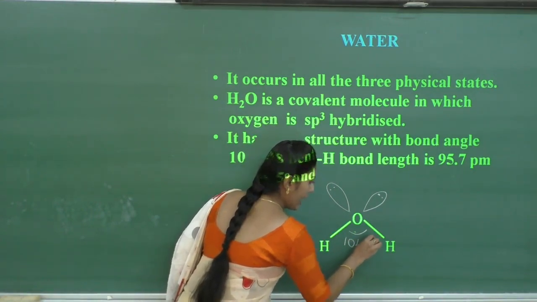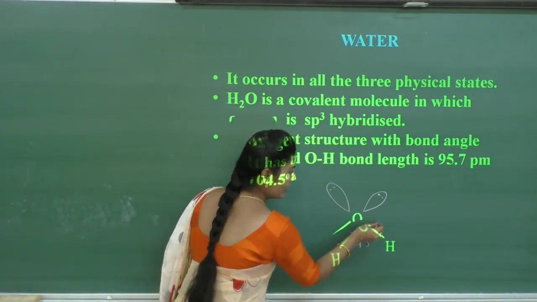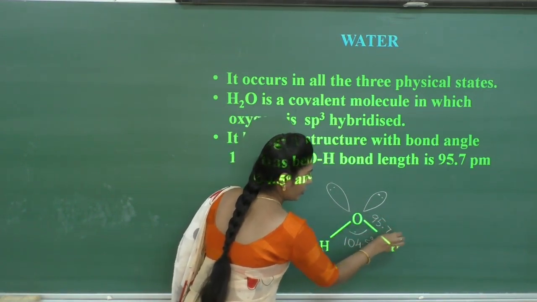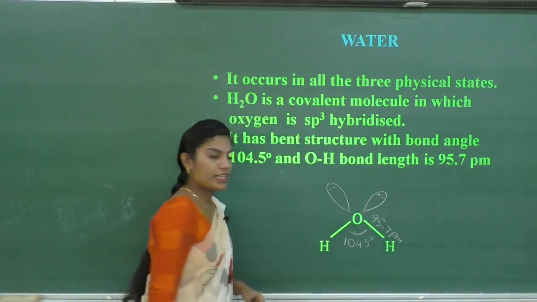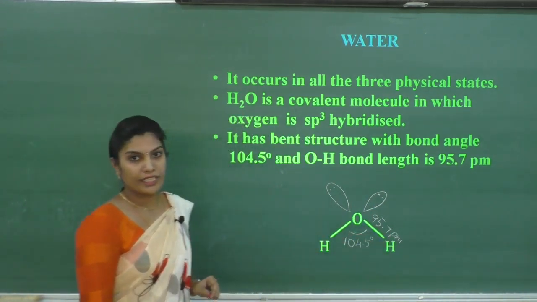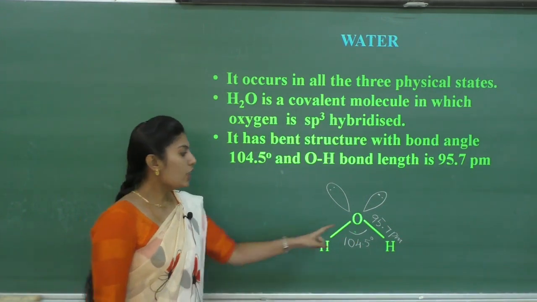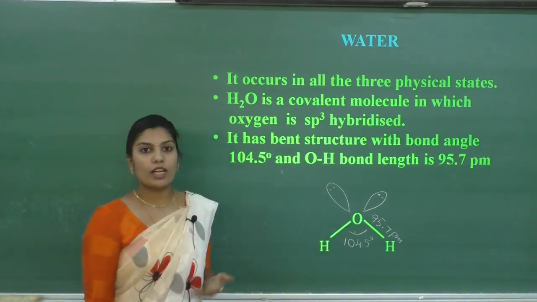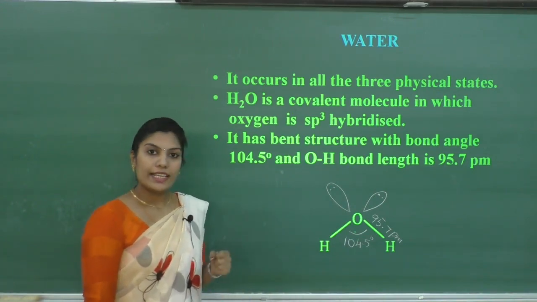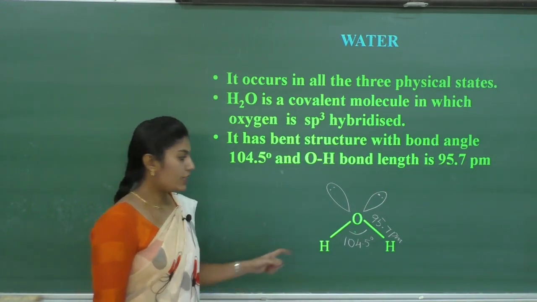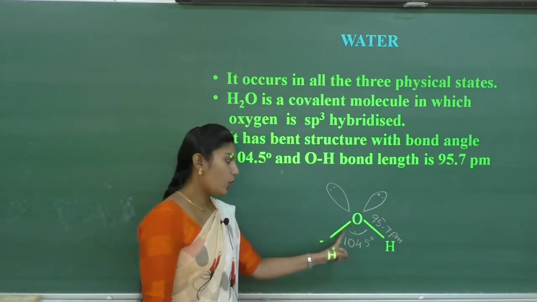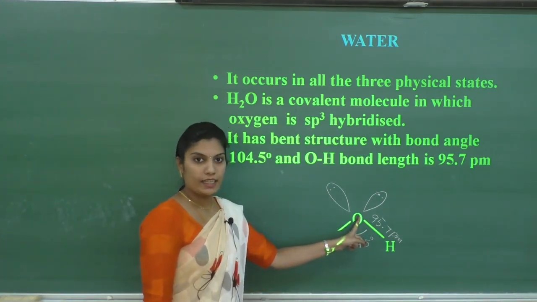Water is having a bent structure with a bond angle of 104.5 degree and the OH bond length is 95.7 picometer. You all know that oxygen is more electronegative than hydrogen, therefore it attracts the shared pair of electrons in the OH bond towards itself.